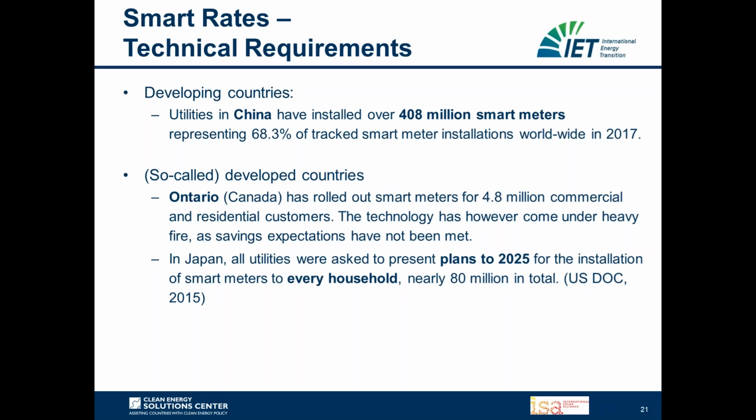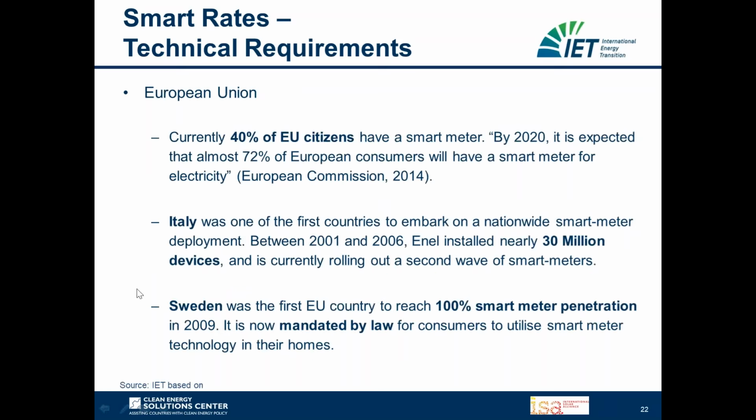So that means residential, commercial, and industrial. In Japan, we also have aggressive targets for rolling out smart meters. Also in the European Union, currently 40% of the citizens have smart meters, and by 2020 this is expected to increase to 72%. Italy is a key jurisdiction who started at an early stage with smart meter rollout.